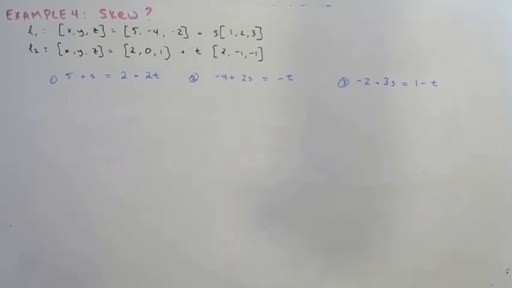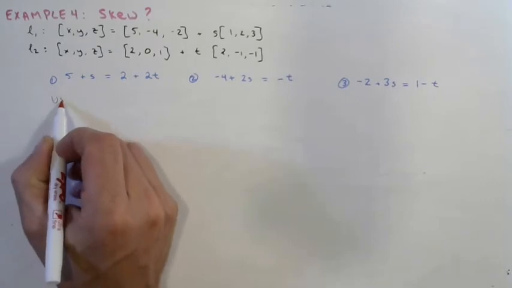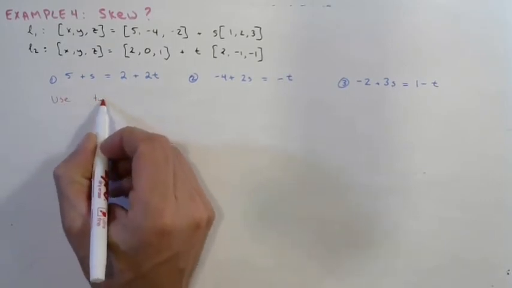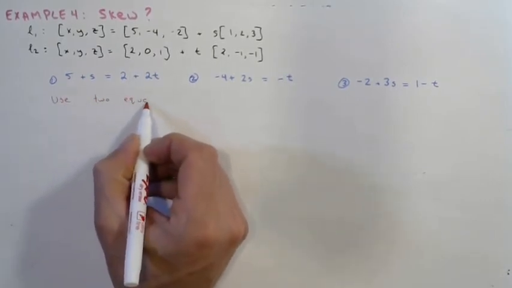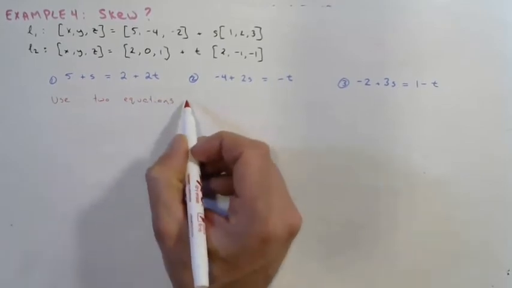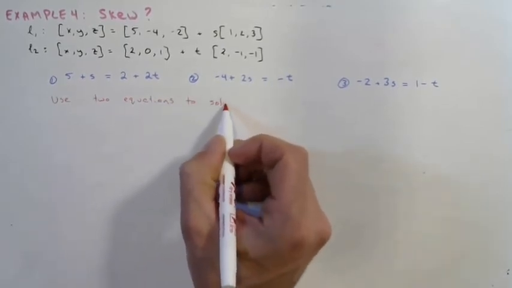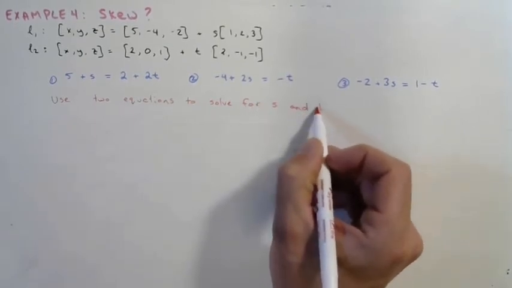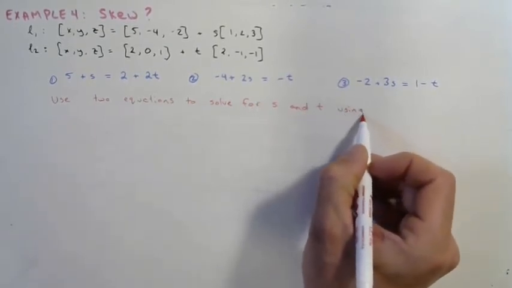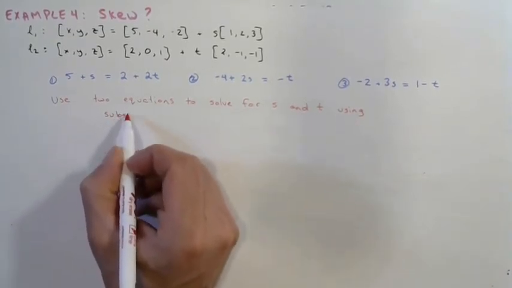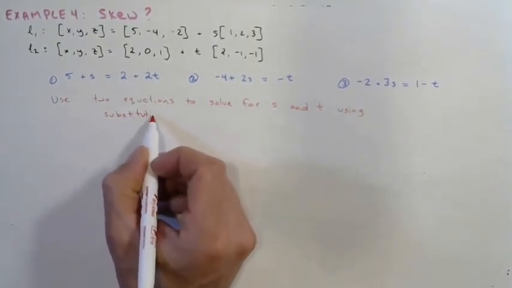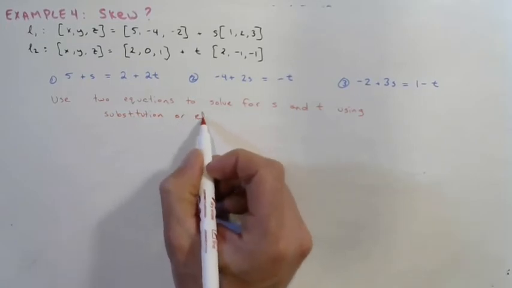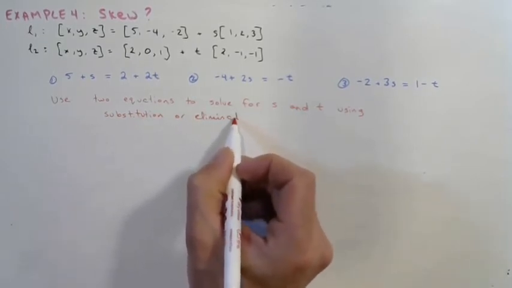Okay, I'm just going to write the steps of what to do. Use two equations to solve for s and t using substitution or elimination.